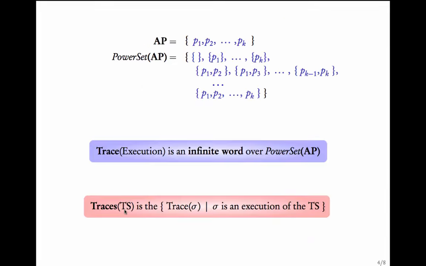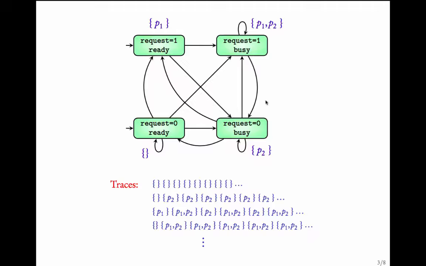And given a transition system, we can talk about traces of a transition system. We look at each execution and then take the corresponding trace, and the set of such traces is denoted as Traces(TS). This is something which we have seen already. The point that you need to note is that this is our alphabet and these are all words over the alphabet.